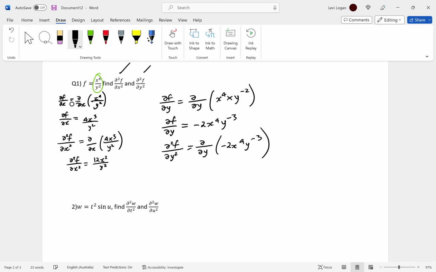Treat x as a constant, so the second derivative with respect to y. I'm going to bring the negative 3 down the front, multiply that by negative 2, so I'm going to get 6 x to the 4, multiply y to the negative 4. Now I can simplify that, so it's just going to be divided by y to the 4.